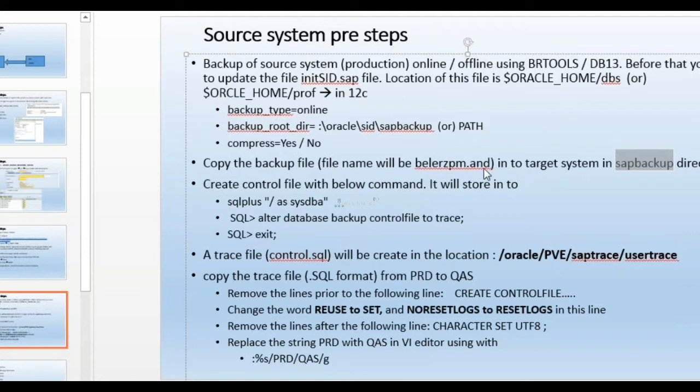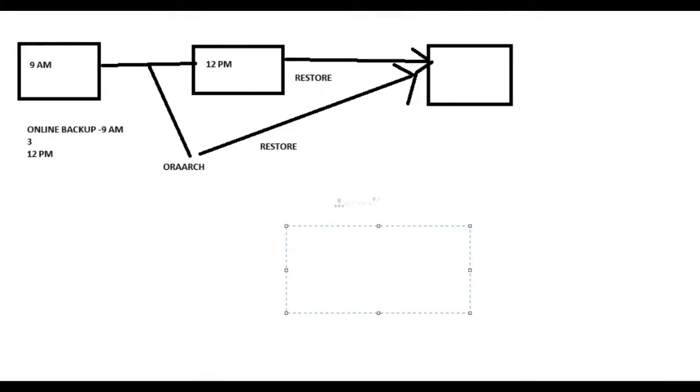The backup name will be some random name with .and or .afd. If it is an online backup, it will be .and, which means online disk backup. .afd means offline disk backup. The file name will be a random name, with .and or .afd.